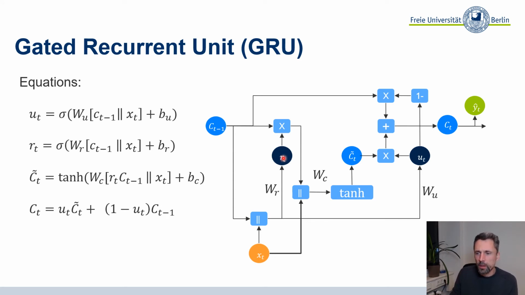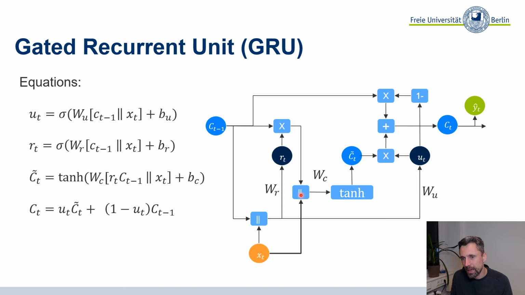One is the reset gate. So what does it do? Well, we first concatenate our input vector x_t with the old hidden state h_{t-1}. This reset gate defines how much of this will be getting in.